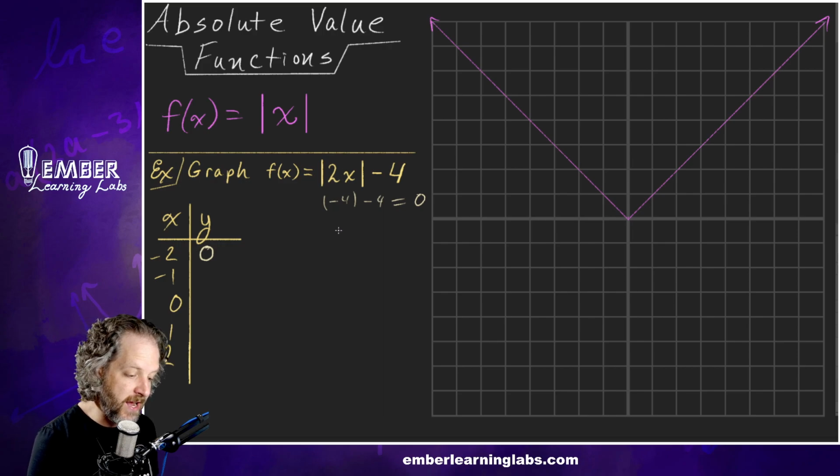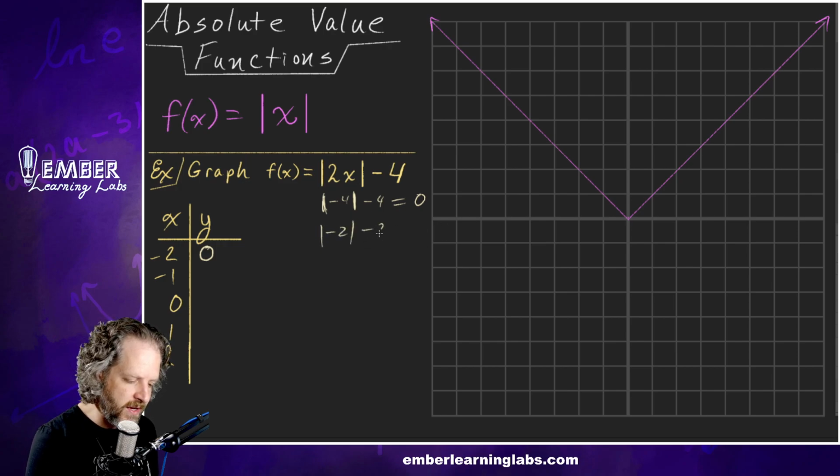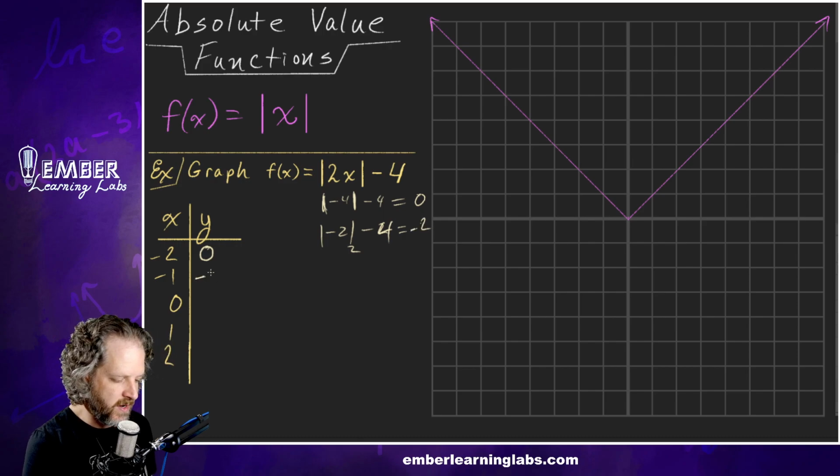If I plug a -1 in there, -1 times 2 is -2. The absolute value of -2 is +2. 2 minus 4 is -2. So we've got a -2 outcome here.